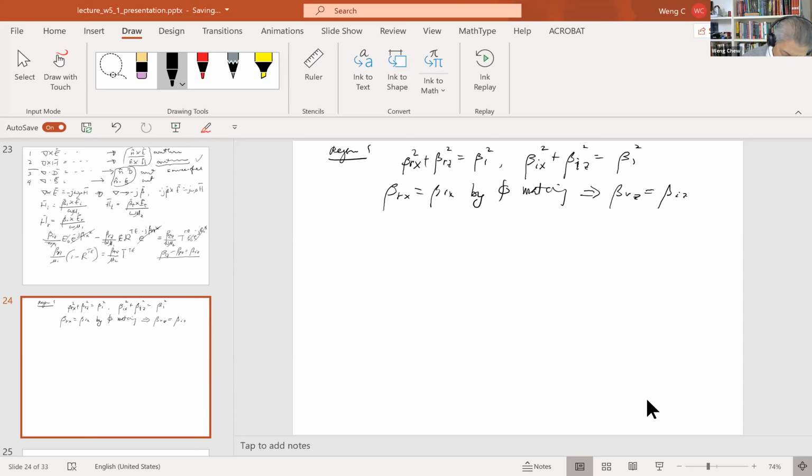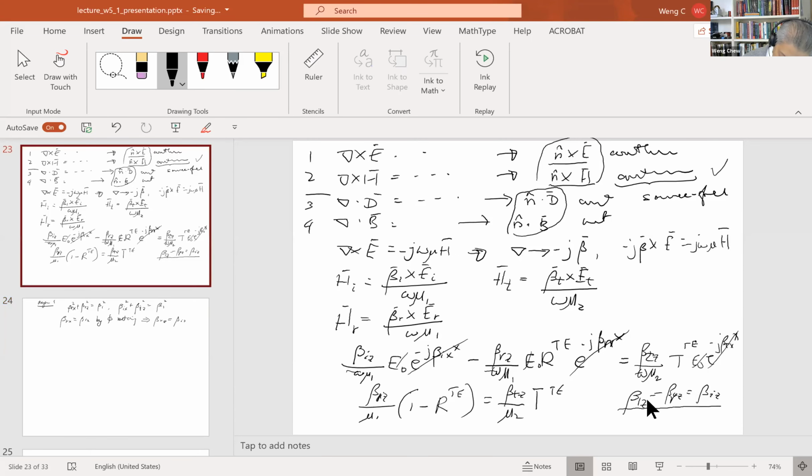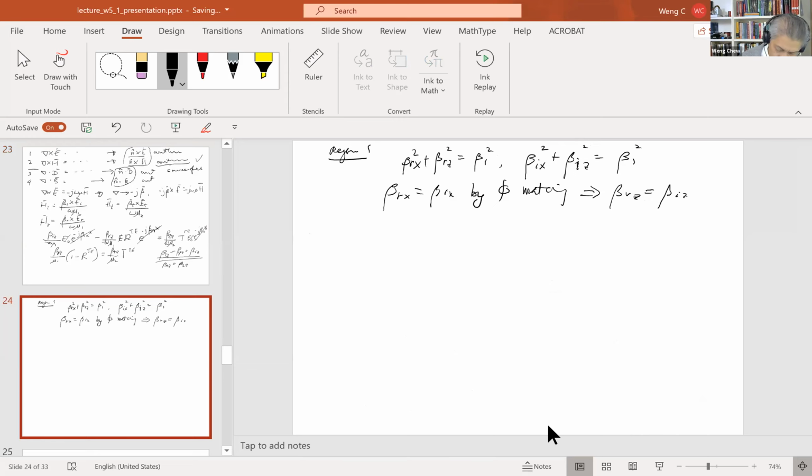Because of that, I can assume that beta Iz and beta Rz are equal to each other and they are equal to beta 1z. And then beta Tz, I can call it beta 2z, the wave number in the second region. So now I have two equations and two unknowns.